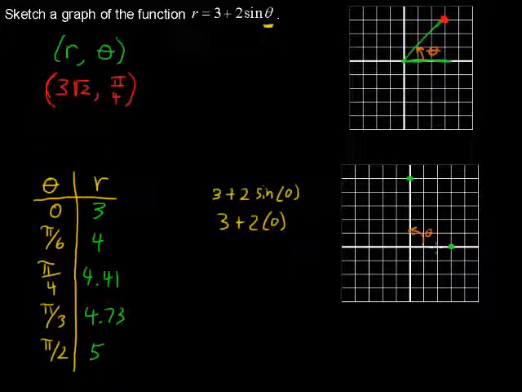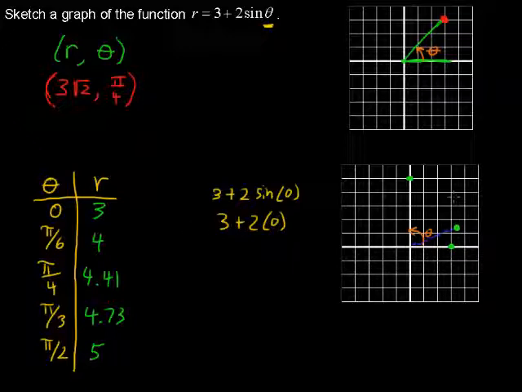Now some of these other points, if you're at an angle of exactly pi over 6 radians, I'm drawing it about there, then we would be at a distance of 4 units from the origin. So that line in blue is about 4 units long.